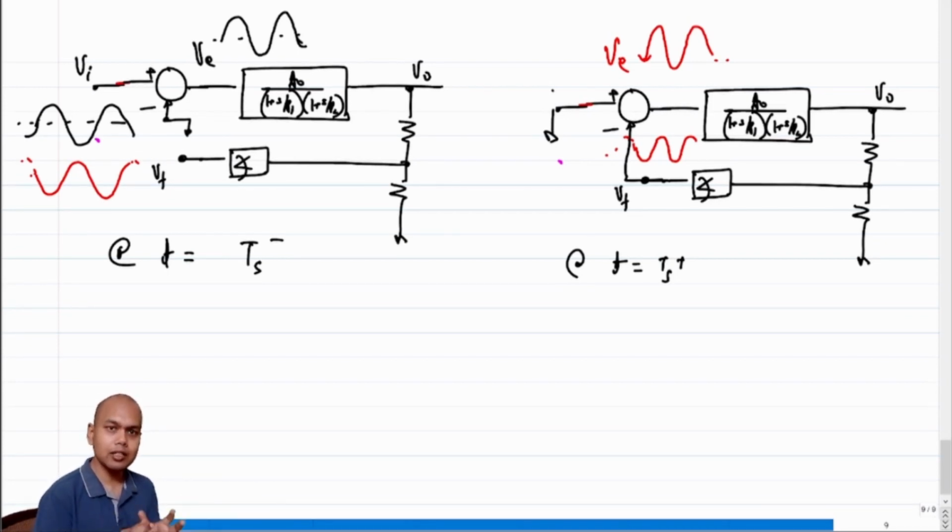VE is still that value, that sinusoid that would have appeared, right, even if the feedback were absent, right? Which means what? If the amplifier doesn't see any change at its input, the output will be exactly the same what it was earlier, correct?